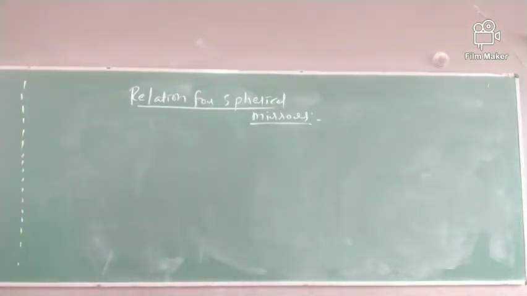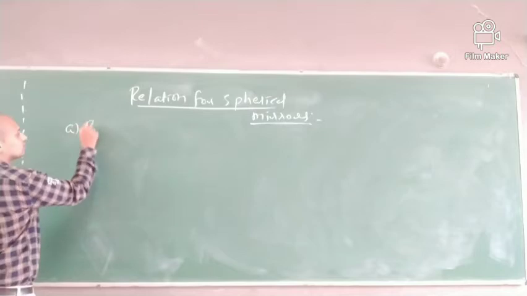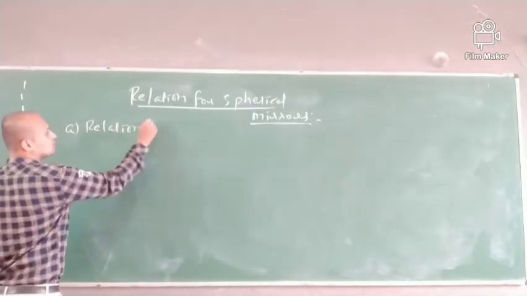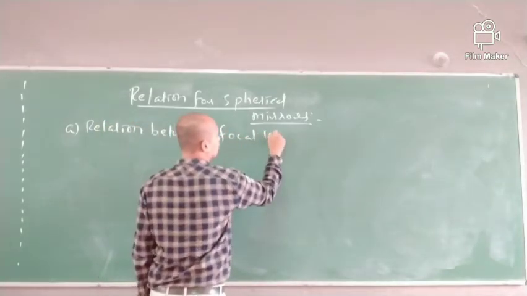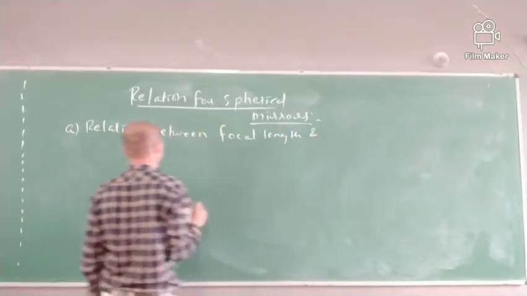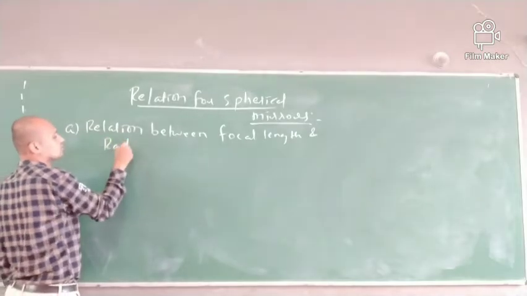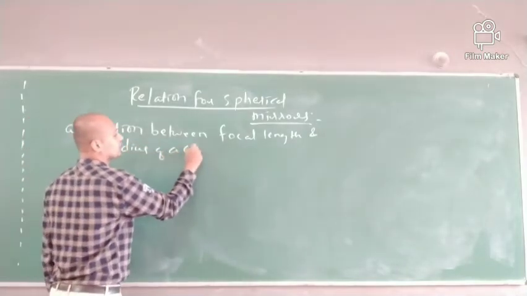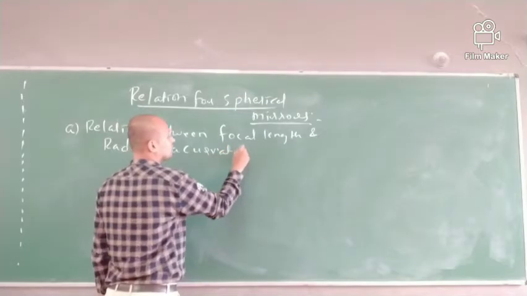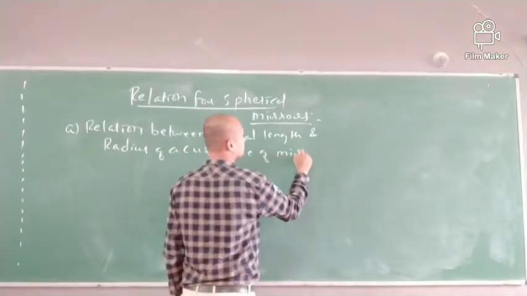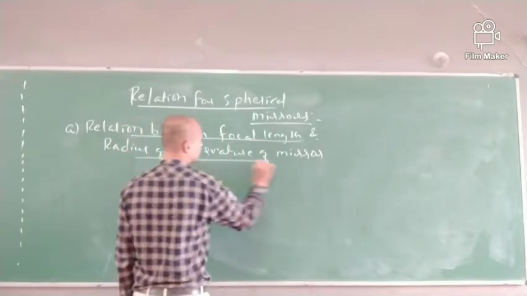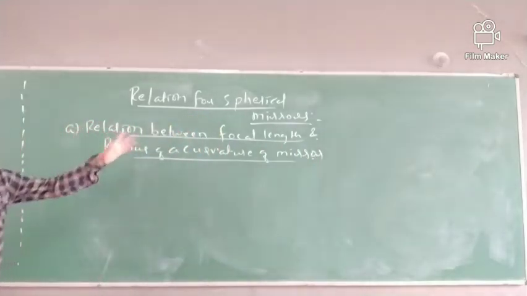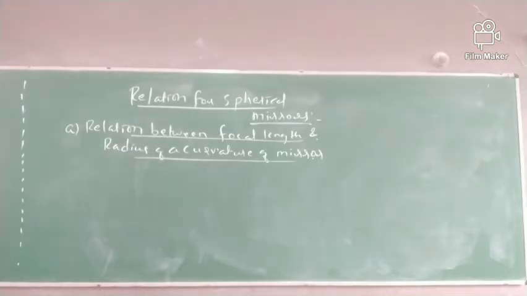First we shall take the relation between focal length and radius of curvature of a mirror. There is one relation which happens here. What is that? Relation between focal length and radius of curvature of a mirror.